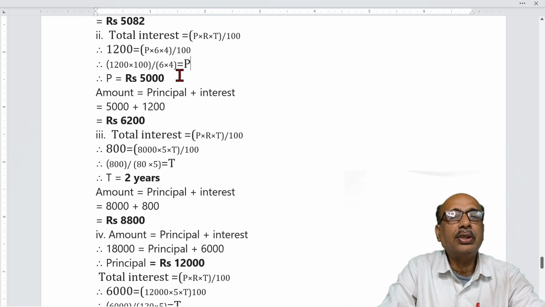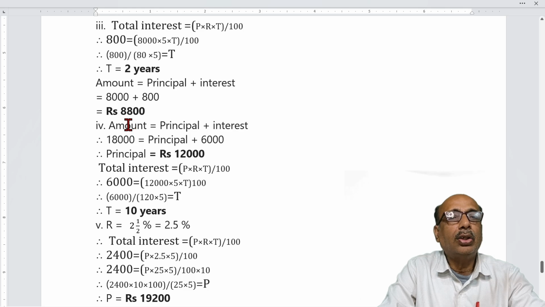Substitute the values, simplify it, you will get P equals rupees 5,000. Amount equals principal plus interest. Principal you have calculated, 5,000. Interest was known to you, 1200. So total amount comes to rupees 6,200.